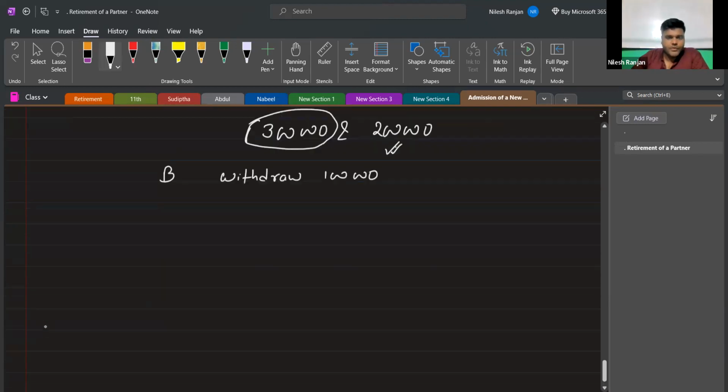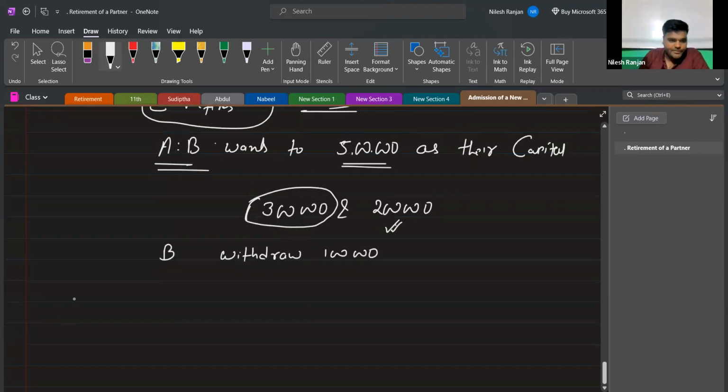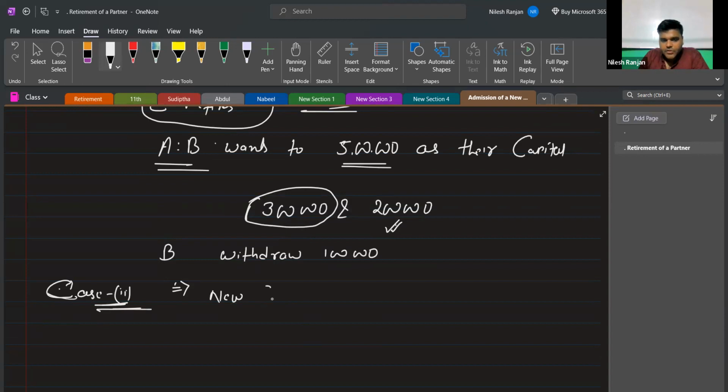The second situation, case 2. In this case, you will not be given the new capital. So how will we calculate the new capital in this case?